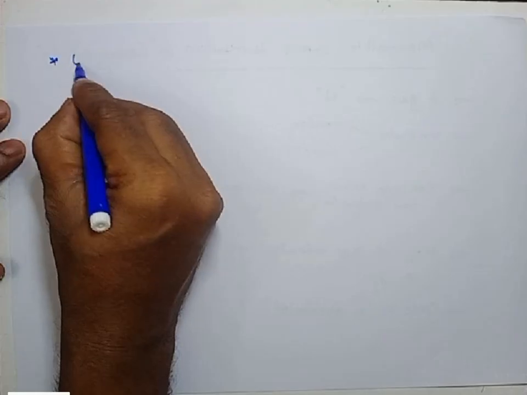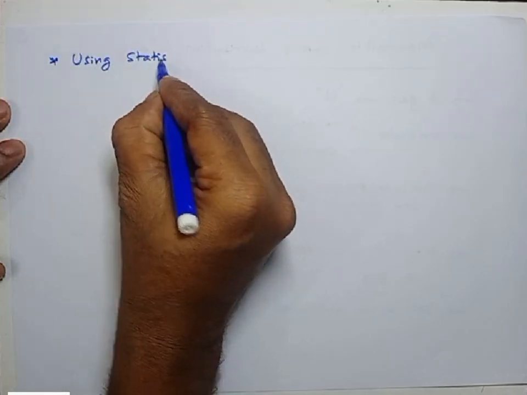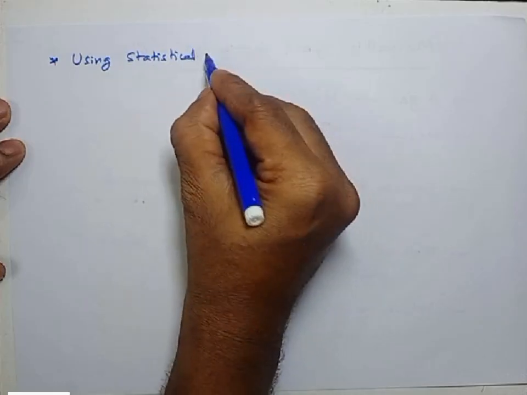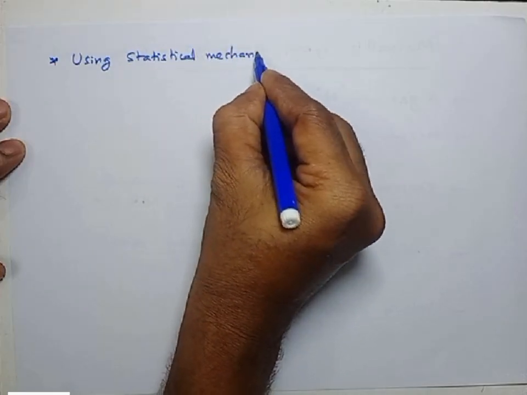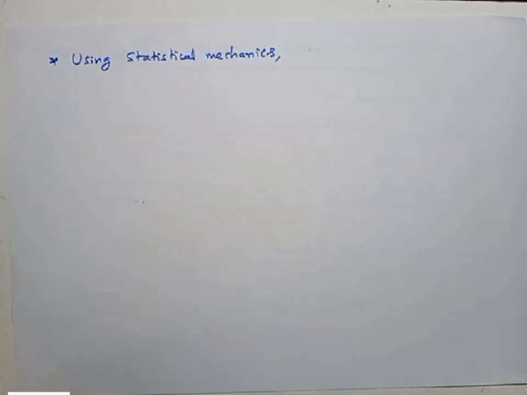So, using statistical mechanics, Maxwell and Boltzmann gave an expression to find the probability of finding a molecule with velocity u.